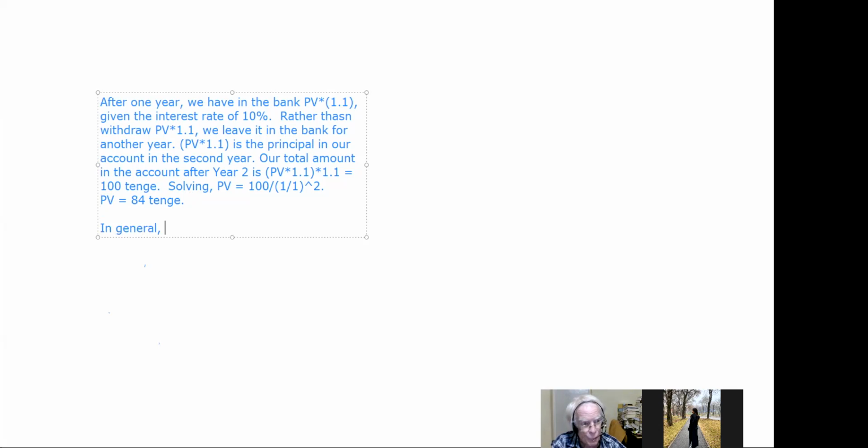So in general, the present value of the sum of S to be received after n years at an interest rate of I is expressed as the sum S divided by 1 plus the interest rate to the power n.